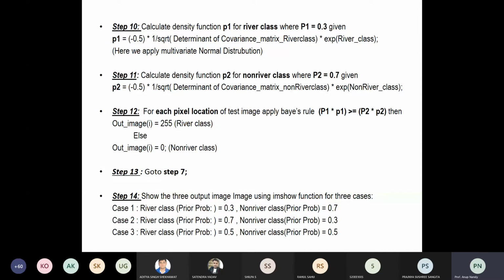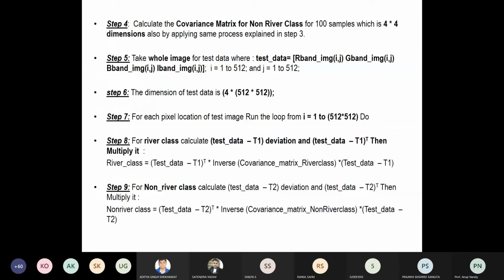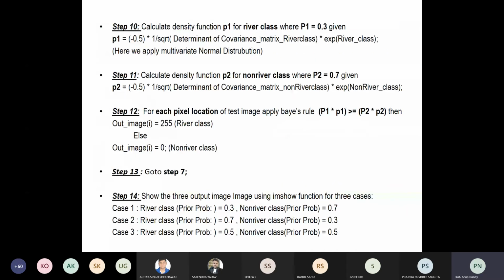Now again you go to step 7. This is a loop from i equal to 1 to 512 and j equal to 1 to 512. For each test sample point you need to compute this entire process till the matrix is exhausted, and finally you need to show the output.